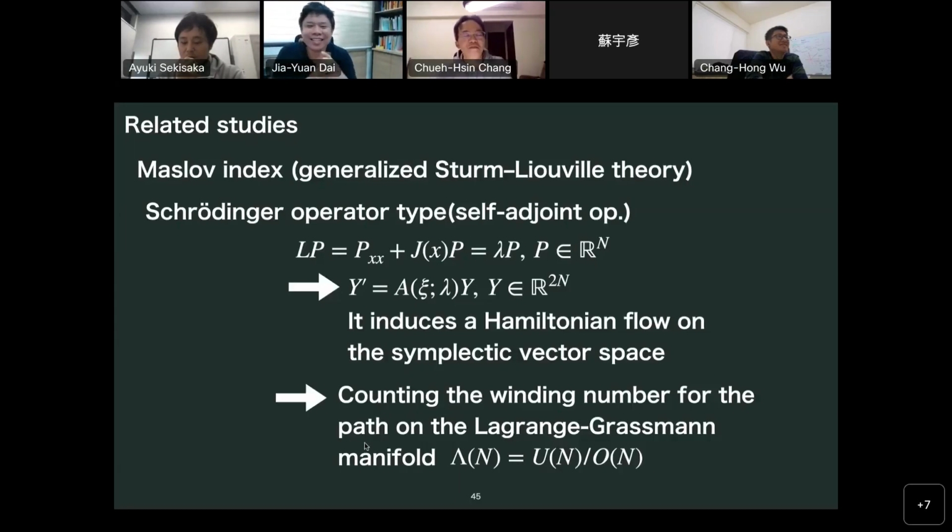I think Sekisaka-san, the key point is maybe a kind of index, right? Yes. The stability index, you can count the number of eigenvalues, right? Yes.